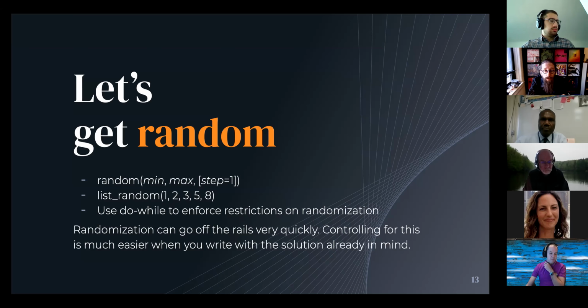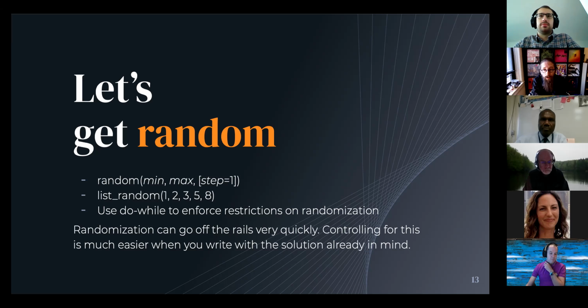And finally, if you're more familiar with programming and you know how to use a do-while loop, you can use one of those loops to enforce restrictions on your randomization. Inside the do loop, you can generate random numbers, and you do it until you satisfy certain conditions. And then, you can be sure that your randomization is controlled. And that's important because randomization can really get out of hand quickly.